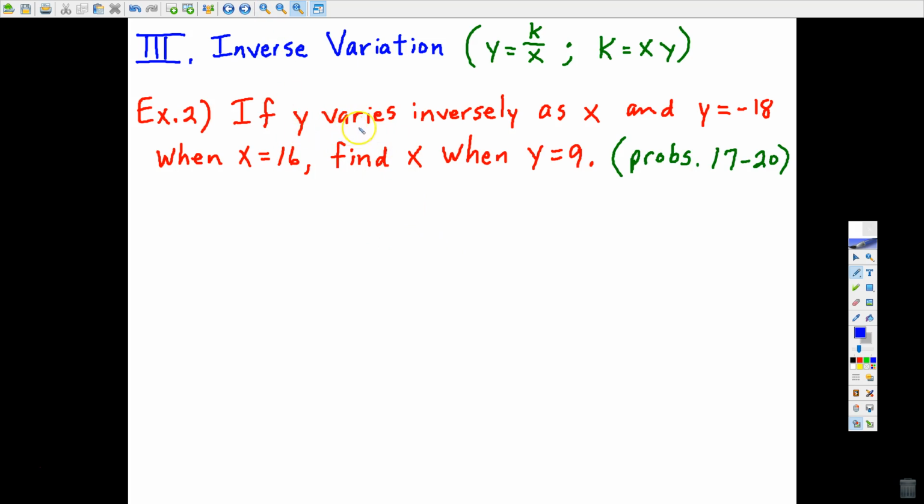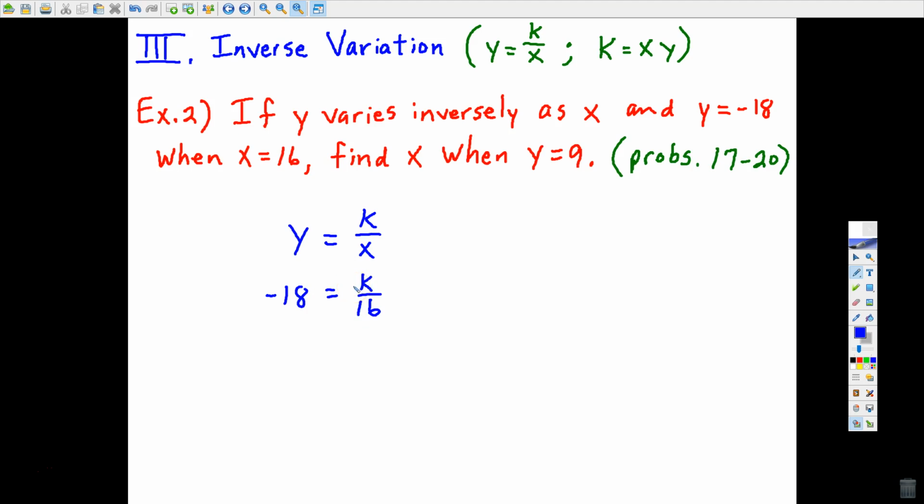If y varies inversely as x, once again, I'm just going to write down in general what that looks like, and now I'm going to use the given information to find out the number that K needs to become. Y is -18 when x is 16. That's going to be helpful. So I need to multiply both sides by 16.